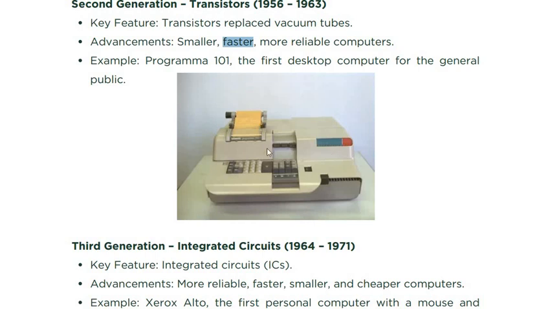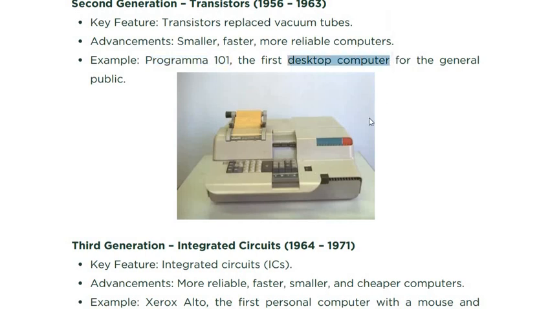In the illustration, this is the Programma 101, which is the first desktop computer for the general public. So that was the first desktop computer built.